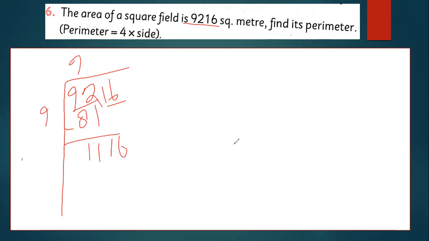Double. So there will be 8. So what table should I use here? 8 8s are 16. 8 8s are 64. Now 4 4s are 16. 4 8s are 32. We can take a bigger number as well.